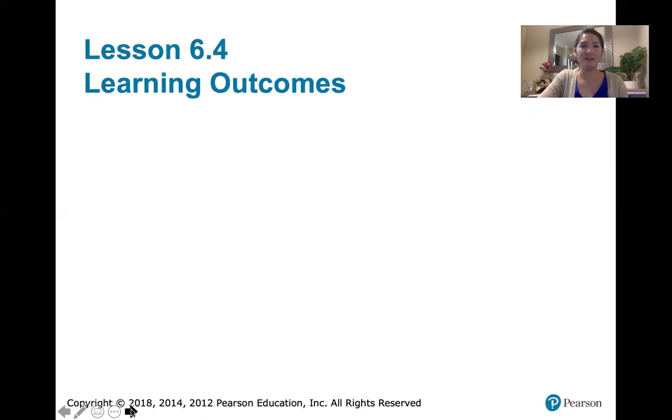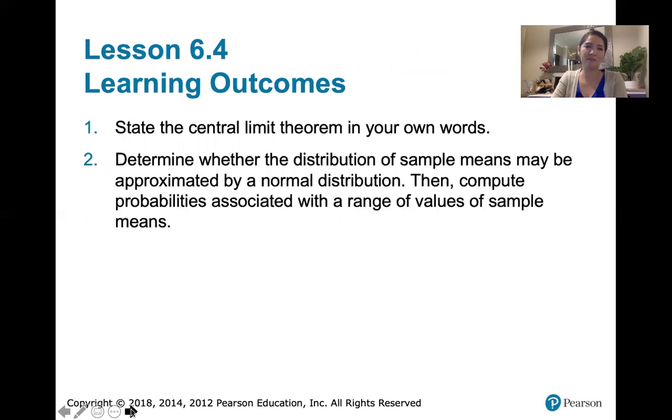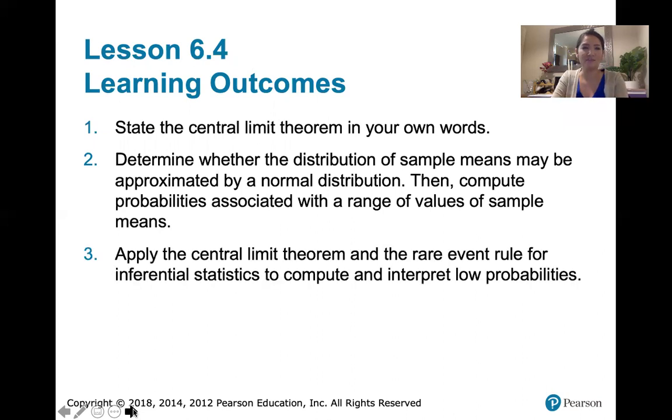Now here are our learning outcomes from lesson 6.4. First, I'll want you to be able to state the central limit theorem in your own words. Next, we will determine whether a distribution of sample means may be approximated by a normal distribution. Then if that's the case, we will compute probabilities associated with a range of values of sample means.